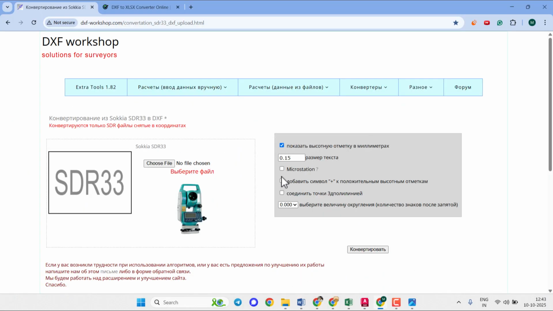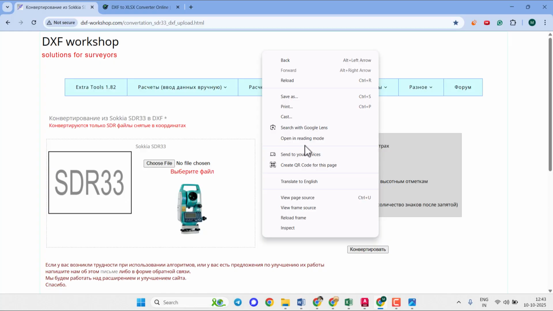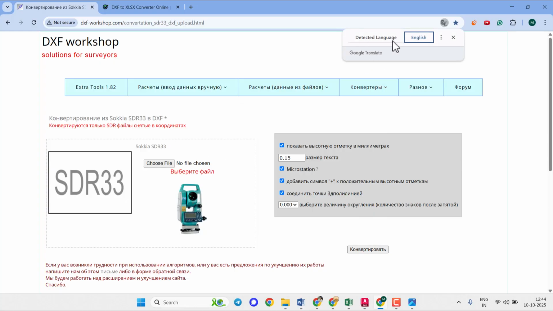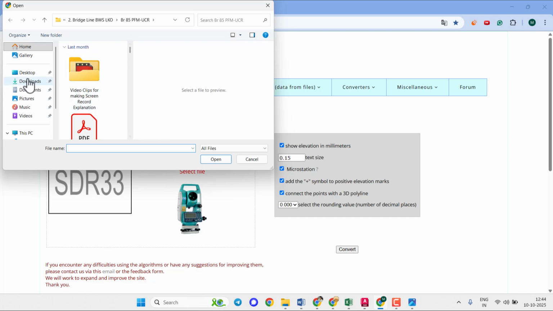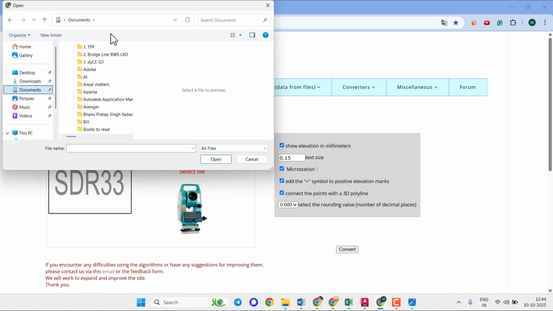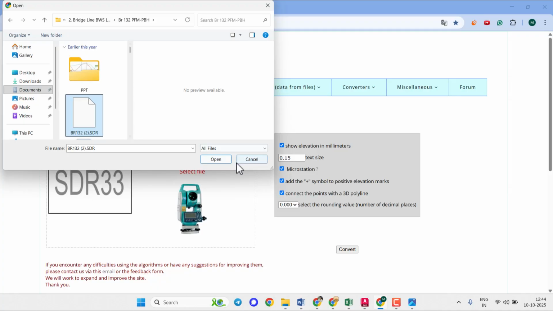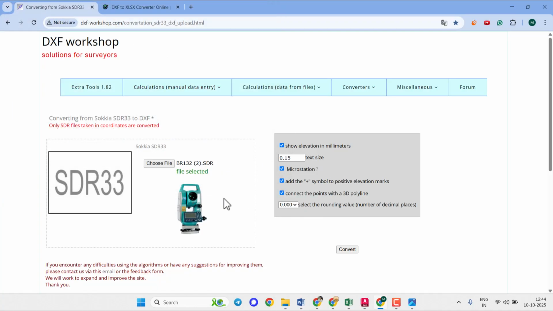First, we will convert this HDR file into a DXF file. Let us translate this page also, although it's not necessary. We go to the file section. Now we convert it.